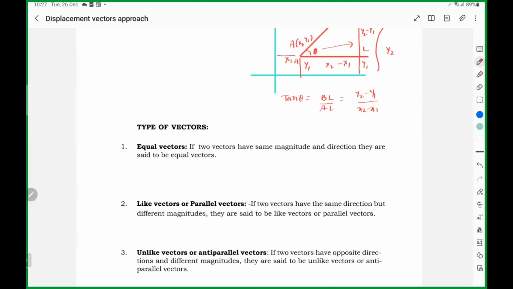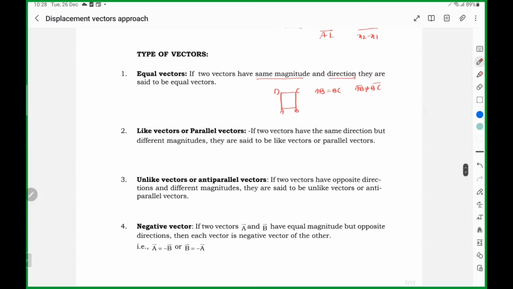So some more definitions. Equal vectors mean the same magnitude and direction. Suppose you take a square, all sides are equal. But vector AB and vector BC are not equal because they have different directions.